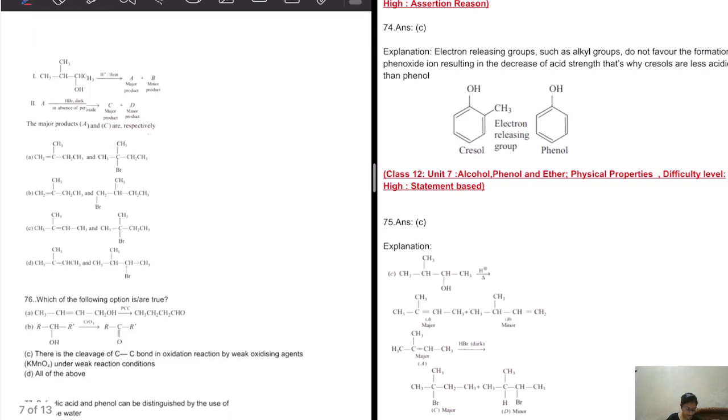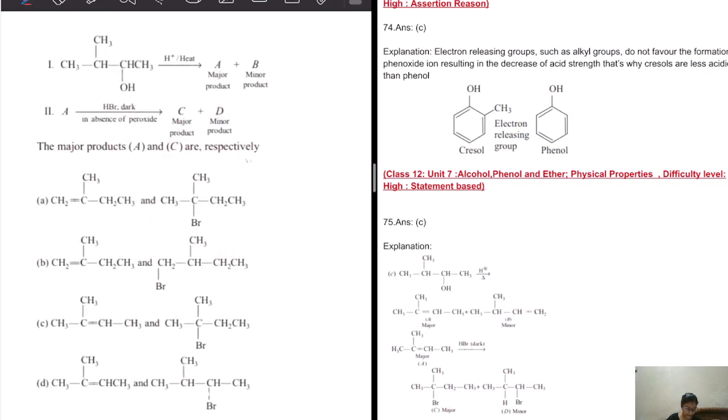In the following reaction, this is the reaction given to us. The major products are C. Here we have this OH group and H plus is given, so dehydration will be there. What happens? An alkene will be formed here.